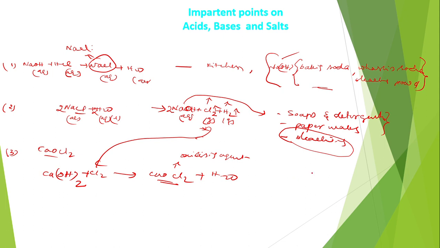Then where we are using calcium oxychloride? It is a bleaching powder, hence it is used for washing clothes, or laundry we can tell.